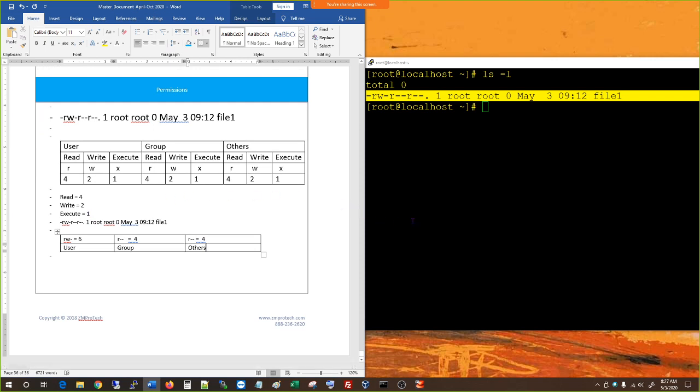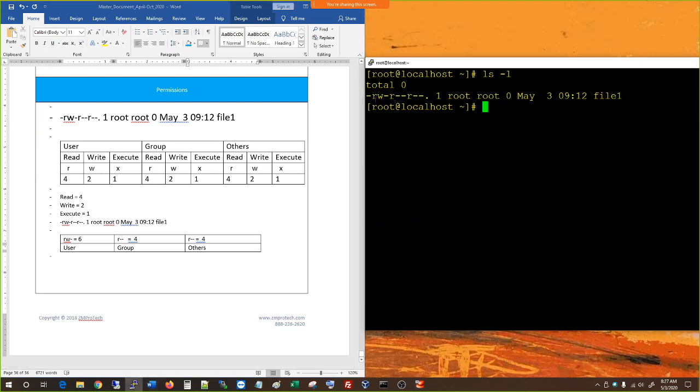So the file permission for this file is, when you look in the number terms, is 644. Okay.